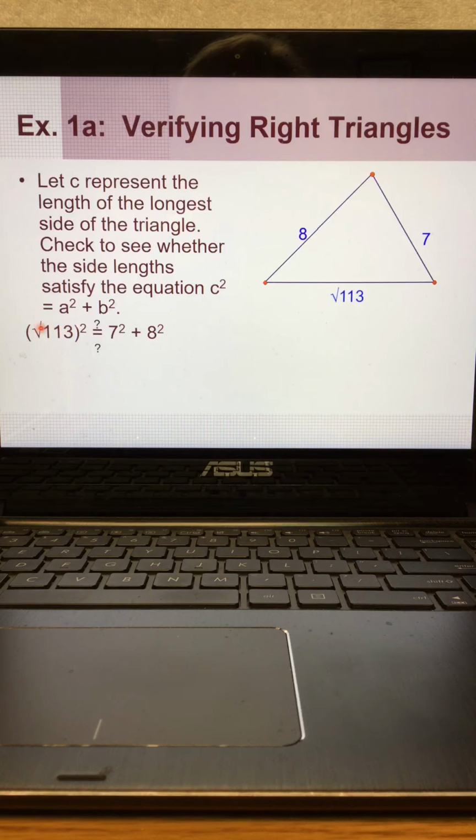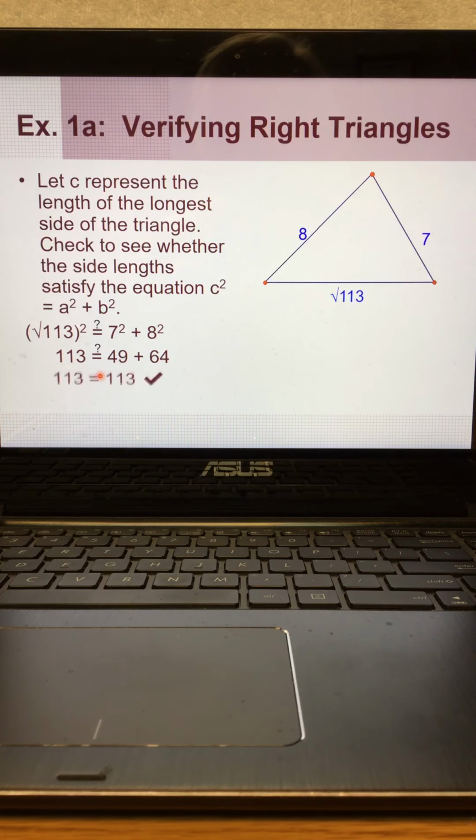Do you see how there's parentheses around here? When you square a square root, you just come up with the radical or the number underneath it. So this is going to be 113. When you square 7, you get 49. When you square 8, you get 64. Now this is my question in here. If they come out to be equal, I can tell you that that's going to be a right triangle.